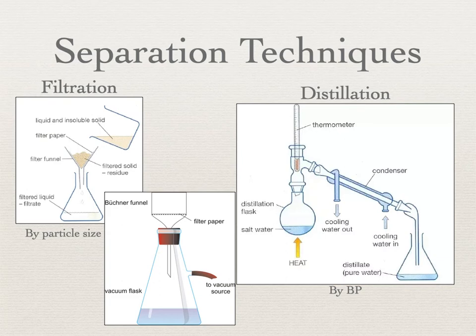So that's a process of distillation, where we're separating a homogeneous mixture by boiling point, because the bits in the mixture have different boiling points. And so these are various separation techniques that use physical properties to either separate heterogeneous mixtures into homogeneous mixtures or homogeneous mixtures into compounds.